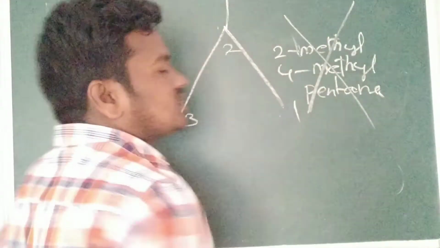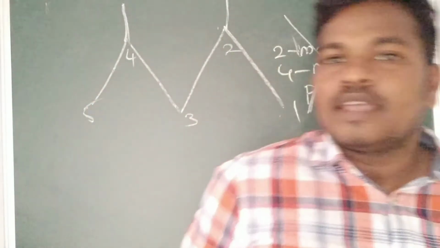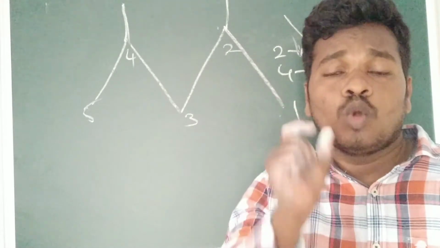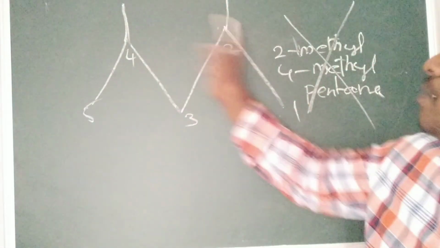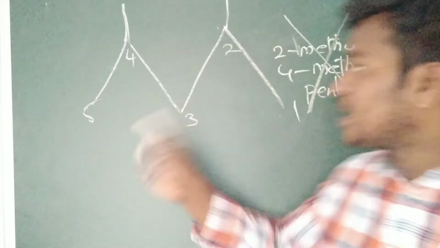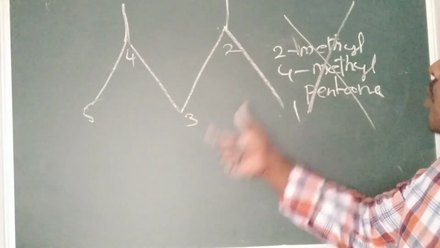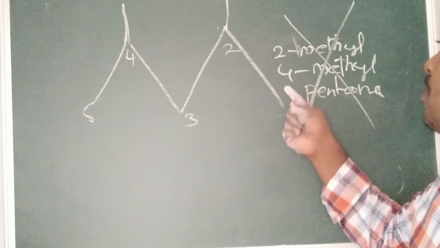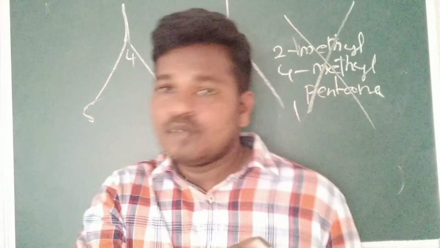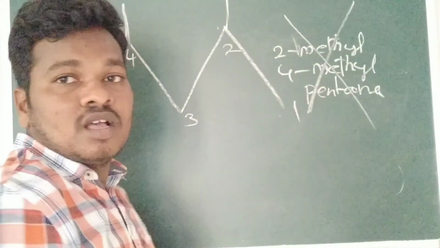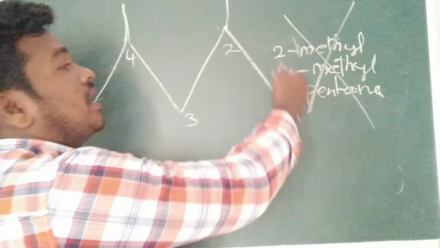If you write it like this, it is incorrect. If the same identical methyl groups are present on a chain, we should not repeat those names and numbers. The second position, then the fourth position again; the name should not be repeated, just take the numbers.